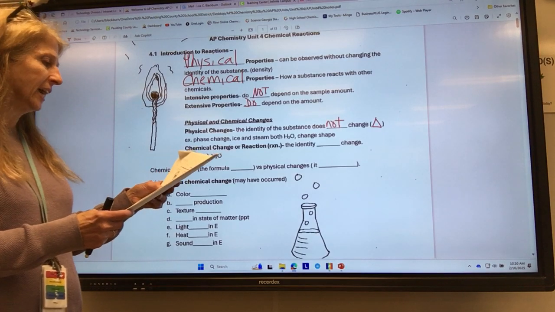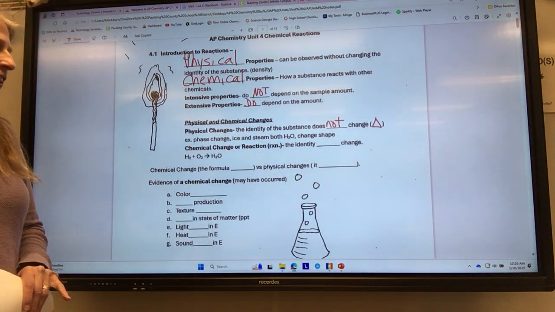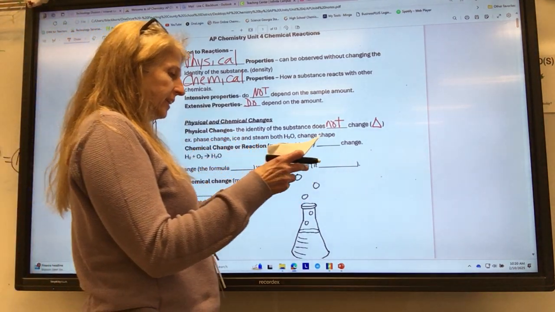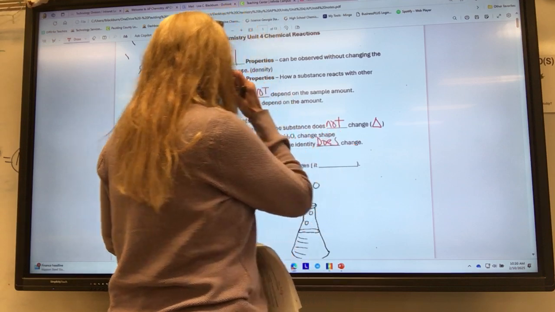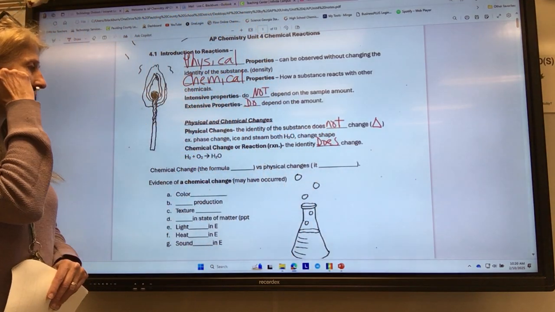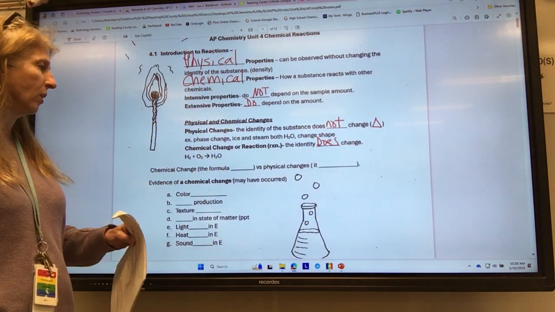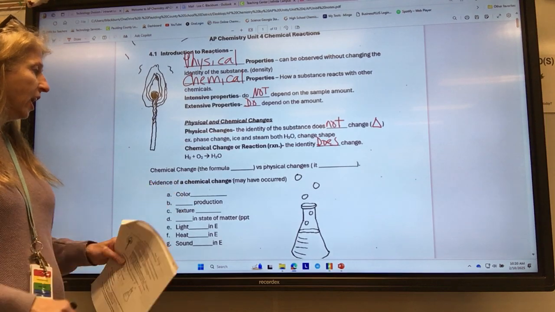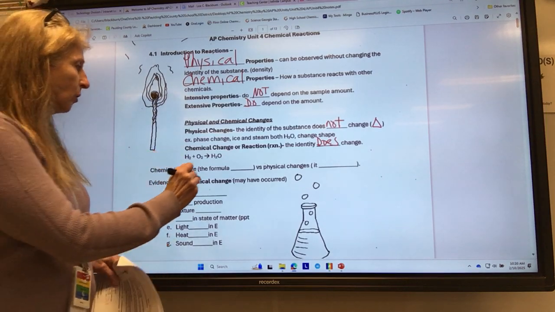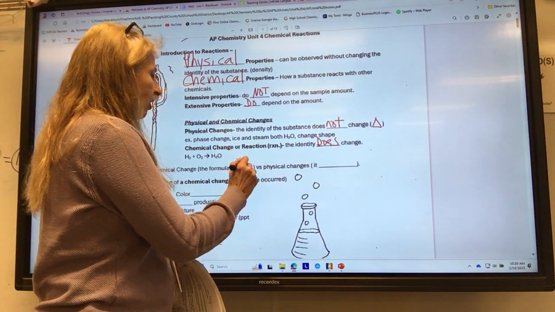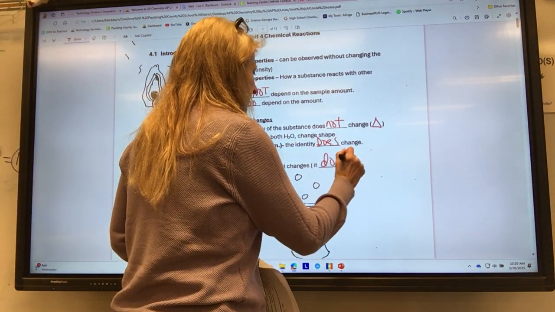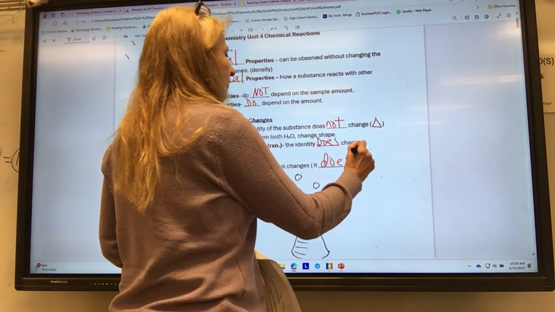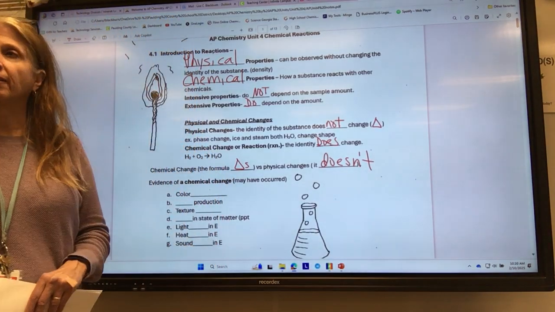A chemical reaction, and remember the abbreviation for reaction is RXN, the identity does change. So does the formula. So hydrogen gas and oxygen gas becoming water. That's a new thing. Chemical change, the formula changes versus physical change, it doesn't. All a review from honors, right?